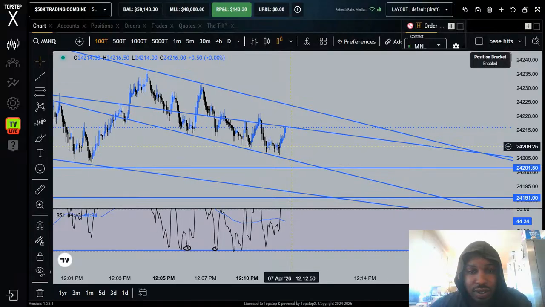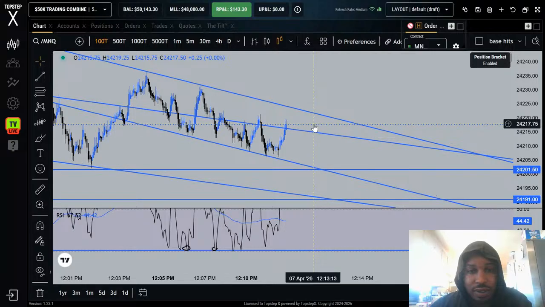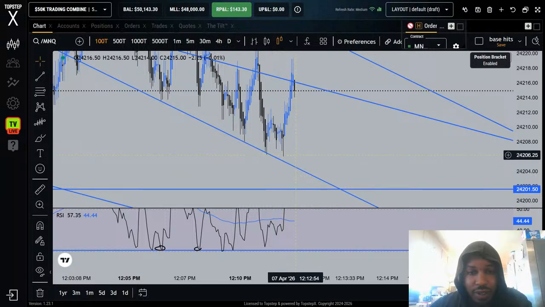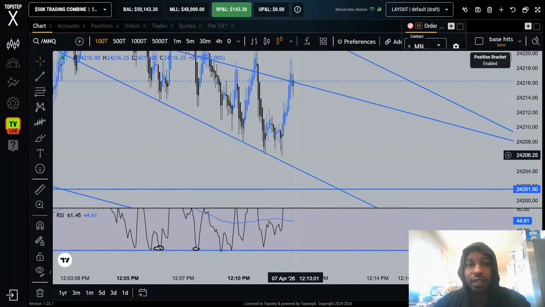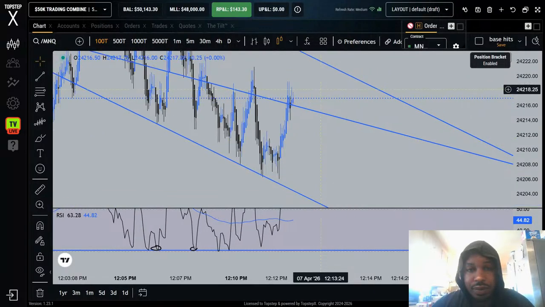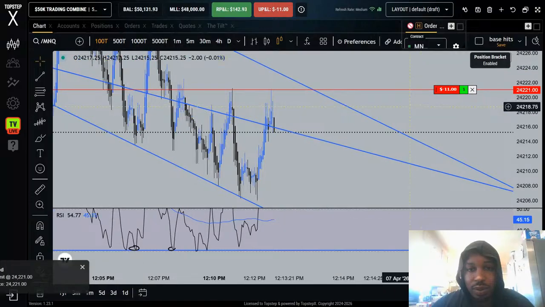I think I just missed a good entry right there. Oh man, I think I did. That right there was the divergence. That was a sneaky divergence too. These are the ones that usually take off. Ooh, that's horrible location.